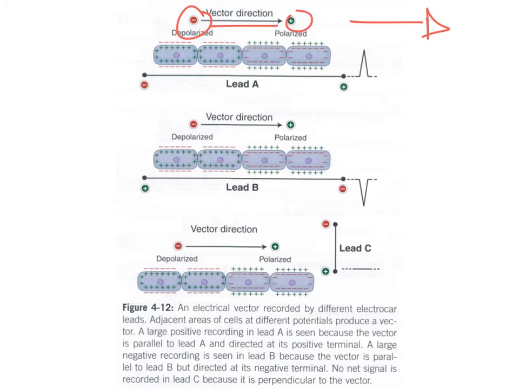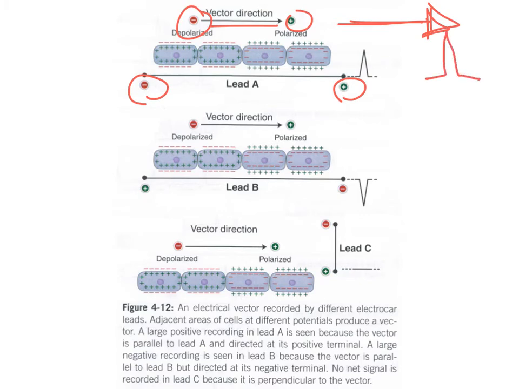So cells are being depolarized and electrical signal is going from the left to the right in a horizontal direction. If you have lead A that has its negative and its positive in this direction, then lead A is going to interpret this electrical activity, because it's in the same horizontal direction as lead A, as a positive electrical signal from that lead.